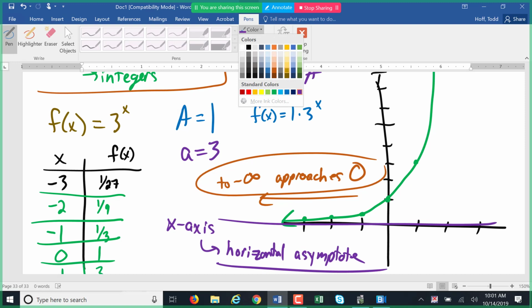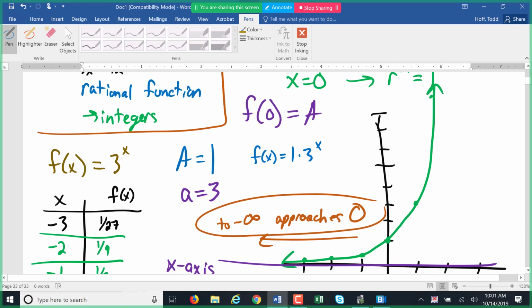On the other side, what happens? Of course, at 0, it equals 1, which you think of these as a change over time is what these exponential functions usually represent. At 0, at the beginning, things are equal to 1, or the whole thing. And that's what that represents, one whole amount.